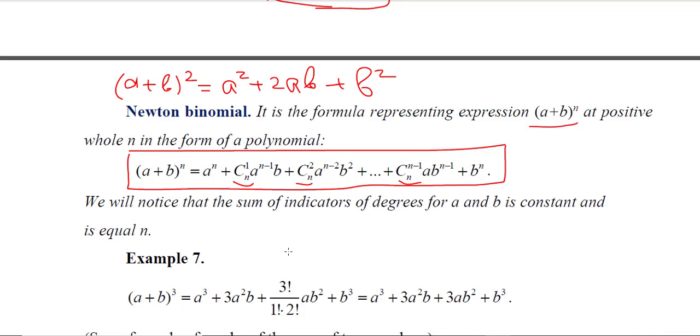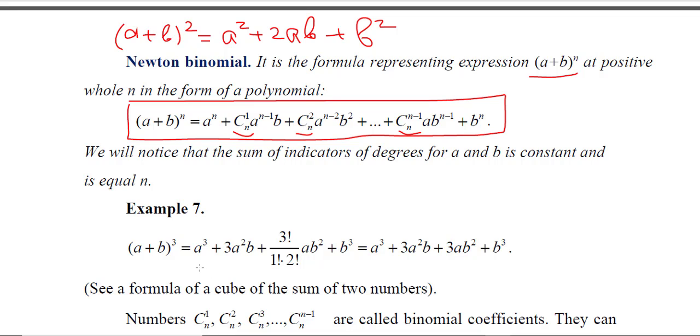And here we'll note that the sum of the indicators of degrees for a and b is constant and is equal to n. Look here, n minus 1 times 1. It means n minus 1 plus 1, so it is just n. Here the same, n minus 2, 2, etc. Yes? If we open, for example, a plus b cubed, we know this is a cubed plus 3a squared b plus 3ab squared.